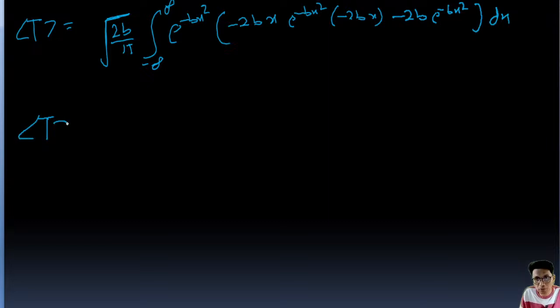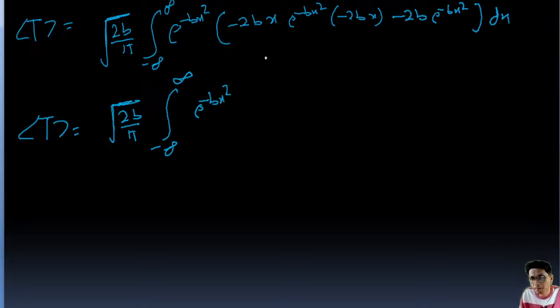So this is going to be 2b upon pi, integration minus infinity to plus infinity e to the power minus bx square. I'll solve it here.